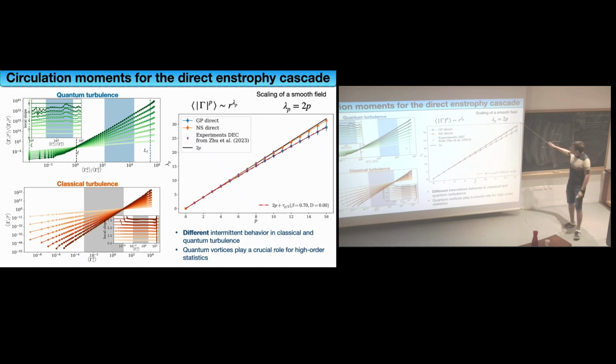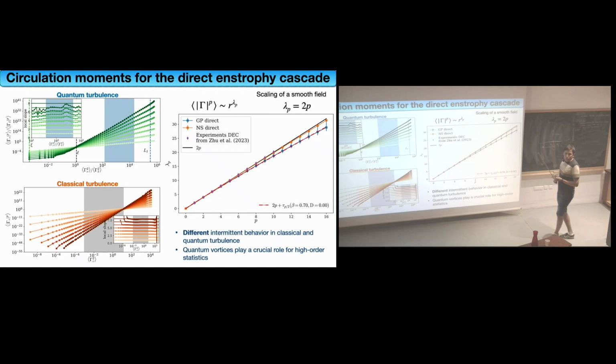And what we observe is that both experiments and simulations of classical turbulence display a self-similar scaling given by these scaling exponents. But on the other hand, in Gross-Pitaevskii, we don't observe that. We have some deviations from the self-similar prediction.